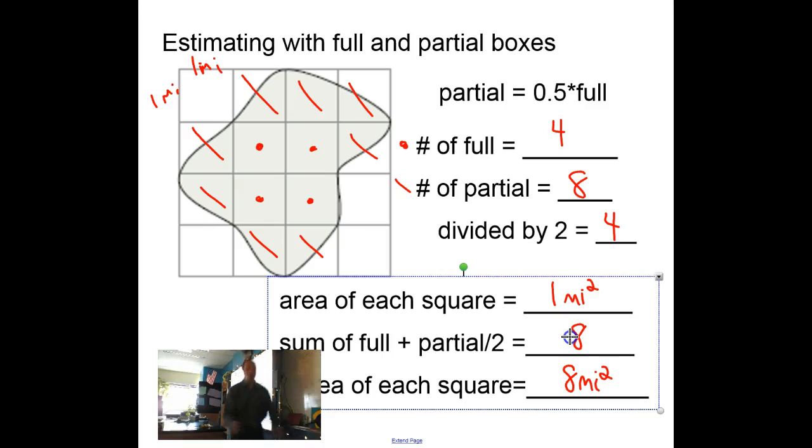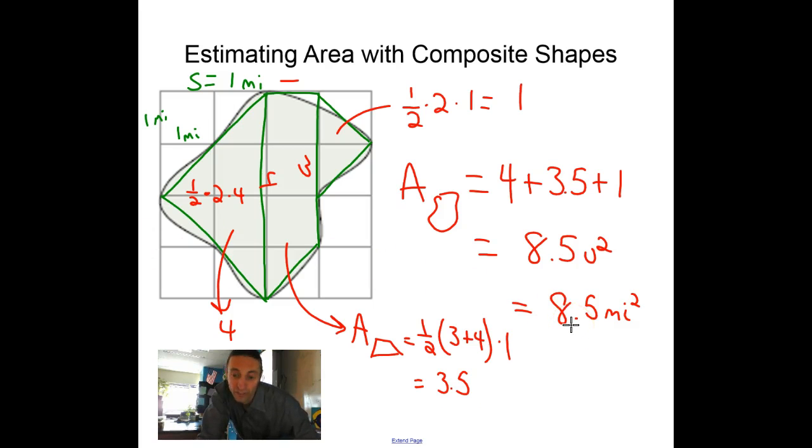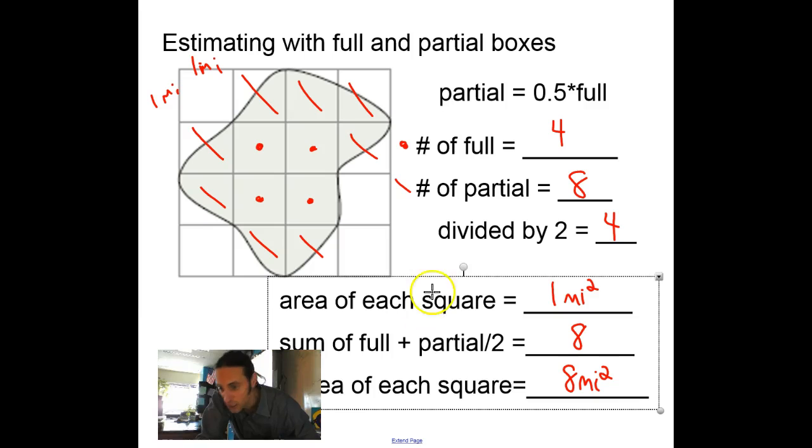Now, you can see that in this full and partial box method, I figured it was 8 square miles. If I use the composite figure, I got 8.5 square miles. Maybe I should have counted that one because it goes out just a little bit. But that's kind of the devil in the details sort of thing. I think you get the idea.